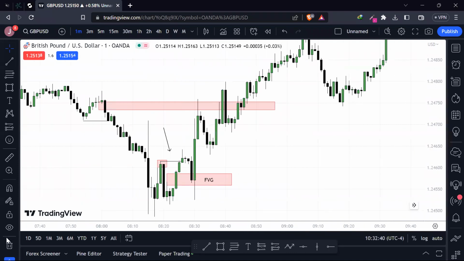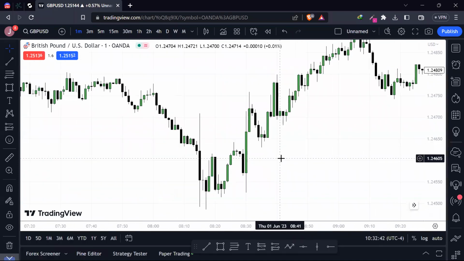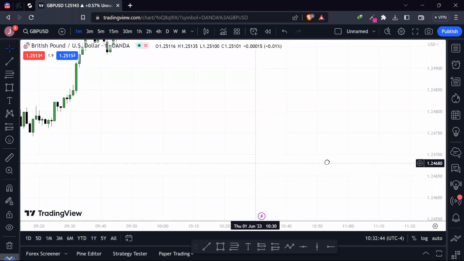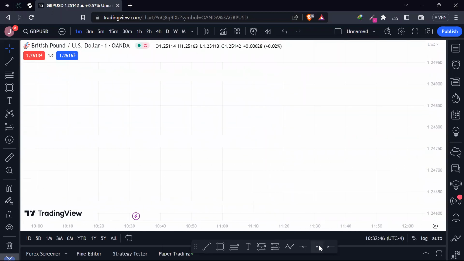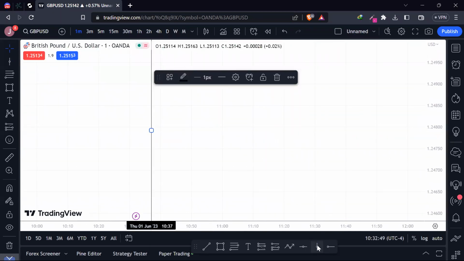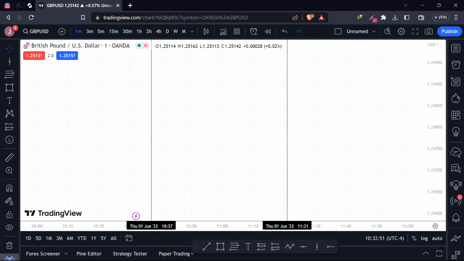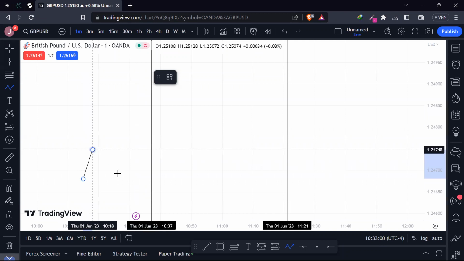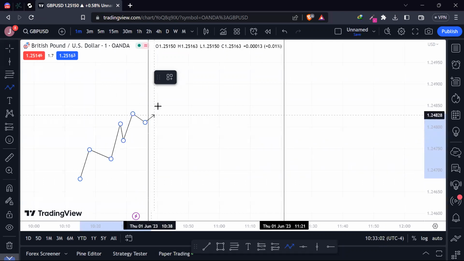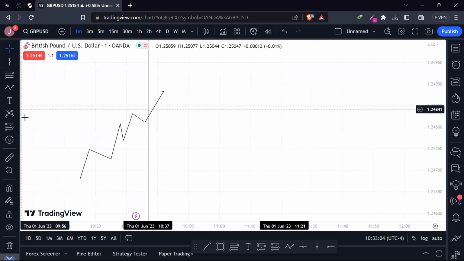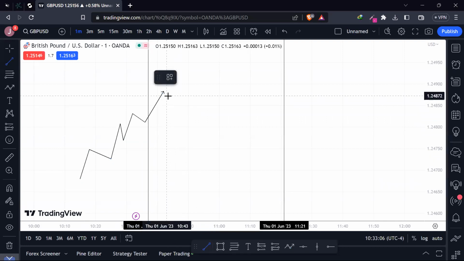Let's talk about market structure shifts. So this is our trading window right here, and the price comes like this, the normal thing that price does.